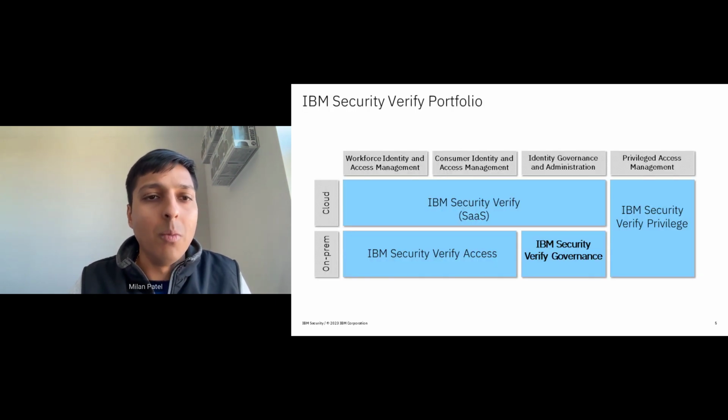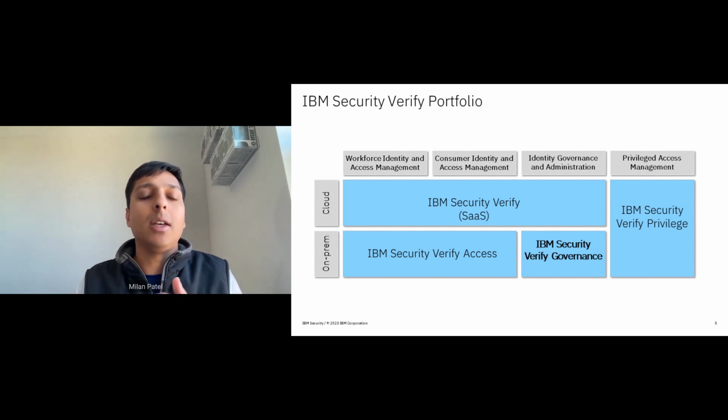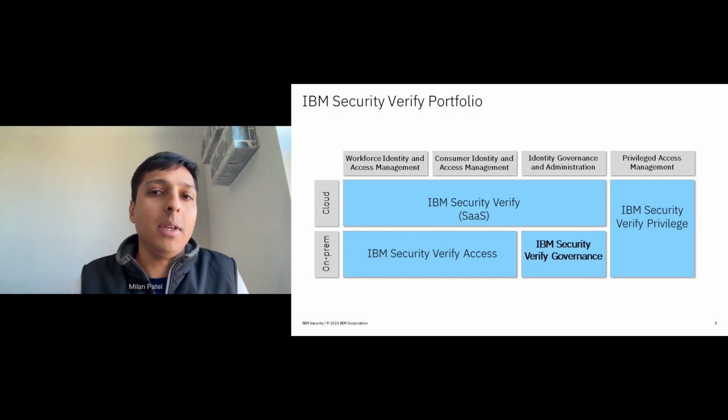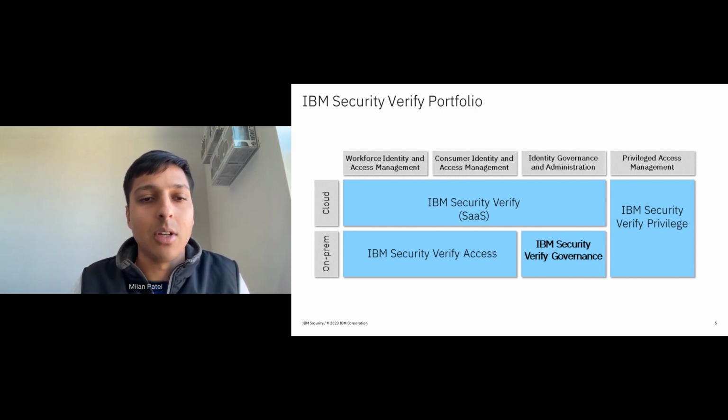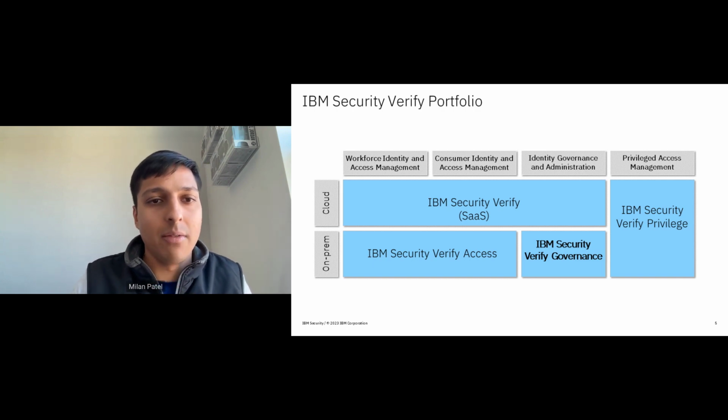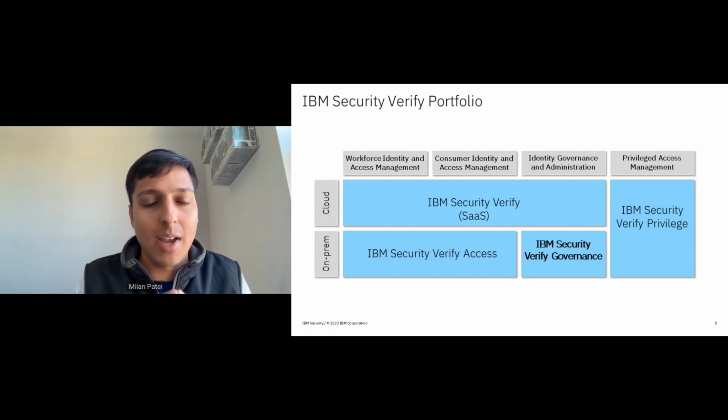Now, when we think about IBM Security Verify, it's offered in varying forms. And what we're going to be showing here in the demos and in the conversations is really focused on our IBM Security Verify SaaS solution, which is an identity as a service that brings together governance, consumer, and workforce access management into a single platform.